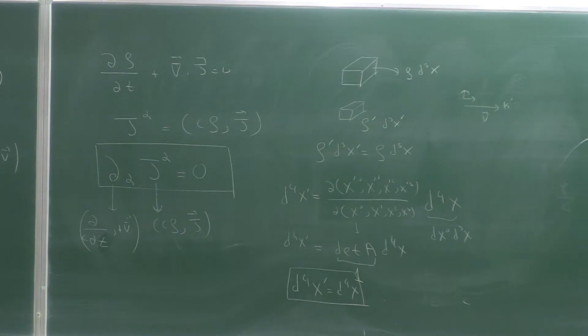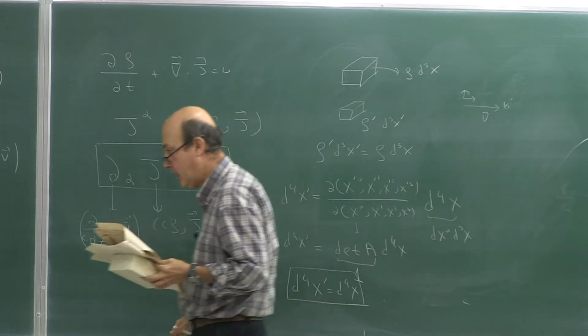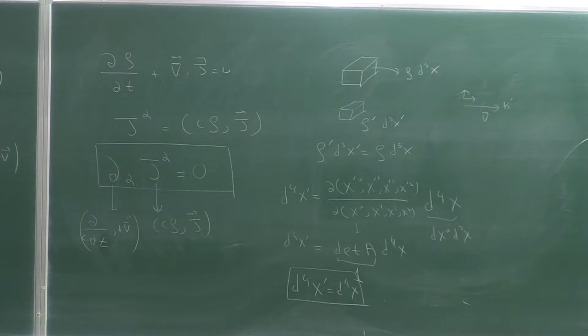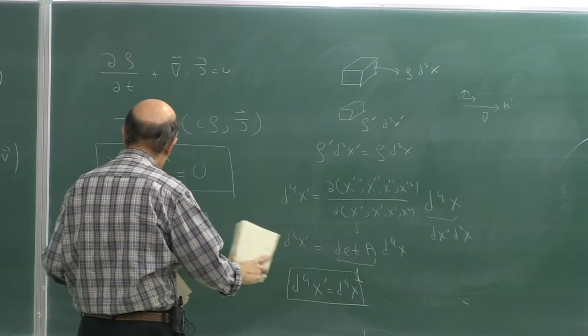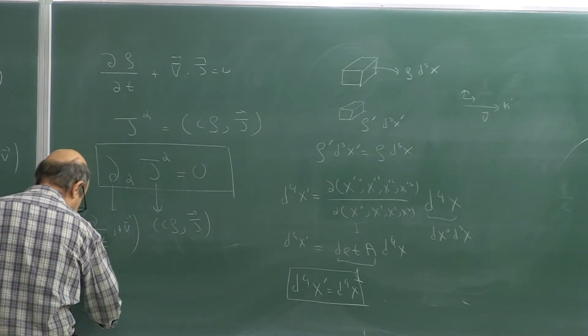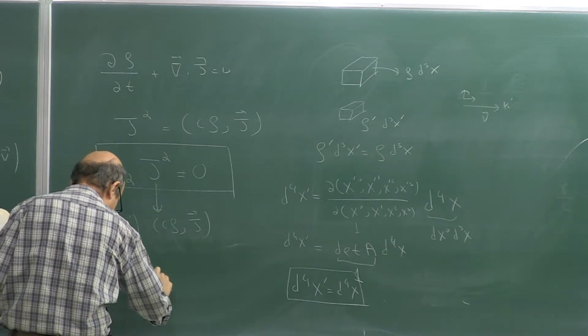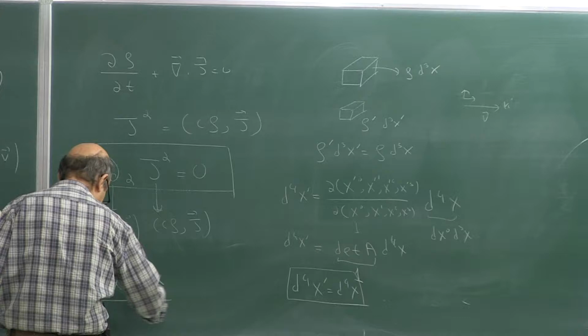This will be quite helpful when we write the action for the Lagrangian density. Now, let us write this somewhere else. So the 4-dimensional volume element is the same in all Lorentz frames.